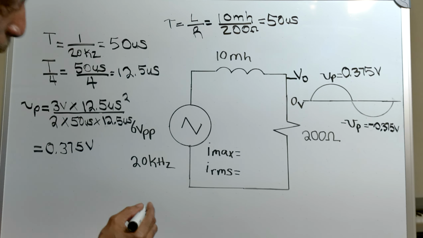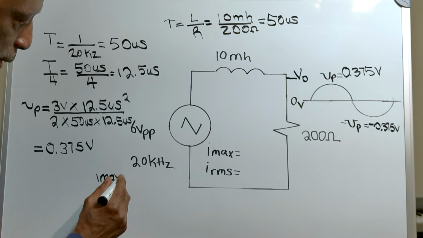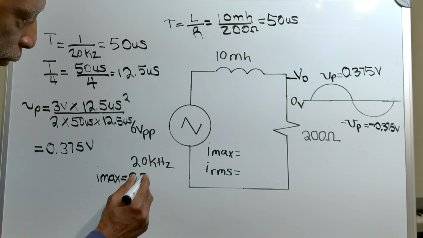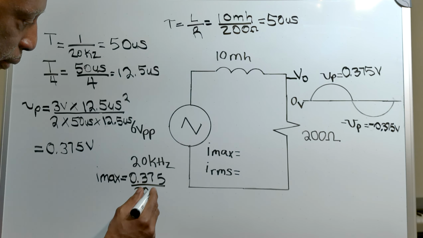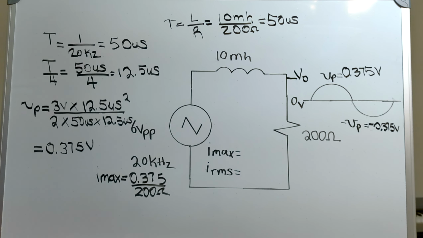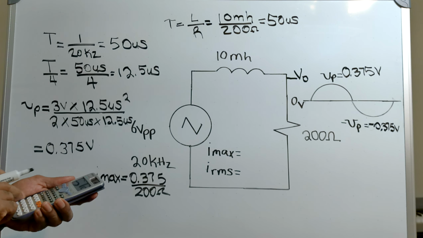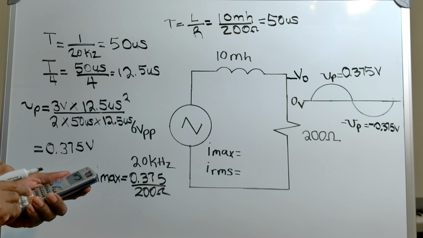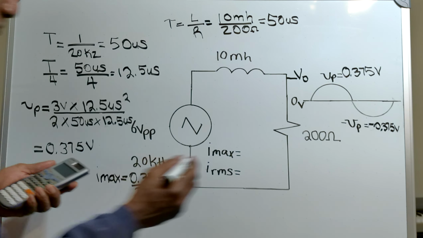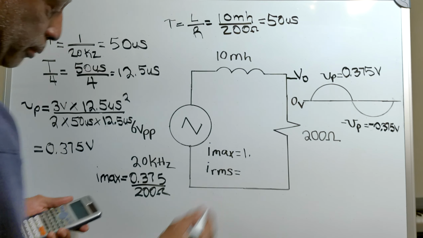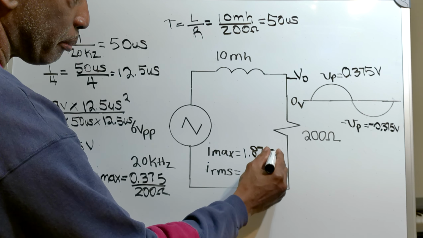I max equals 0.375 volts over 200 ohms. And that gives me 1.87 milliamps.